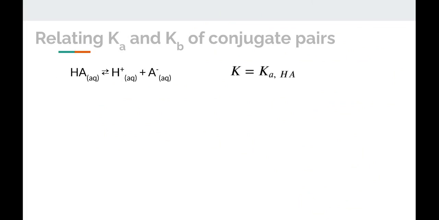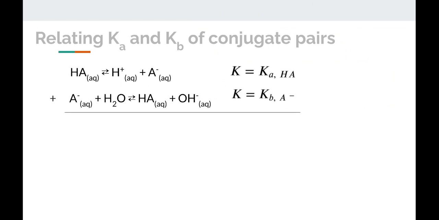Let's relate Ka and Kb for a conjugate acid-base pair. For the acid, HA, in equilibrium with its products, K is Ka for that acid. If we have the conjugate base of HA, that's A minus, reacting with water to produce HA and OH minus, that K is the Kb for the base.